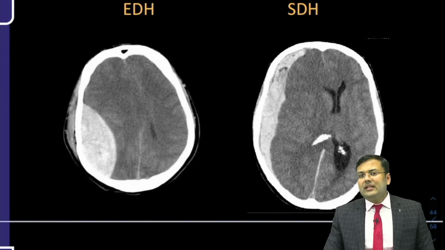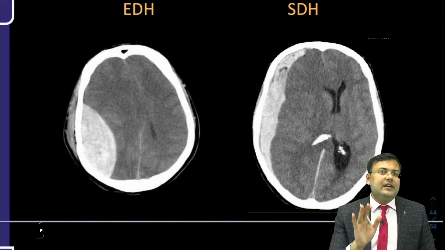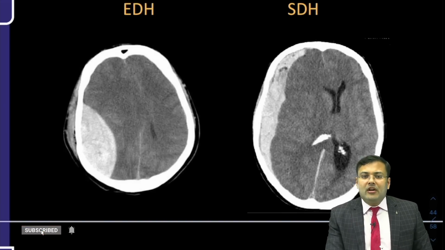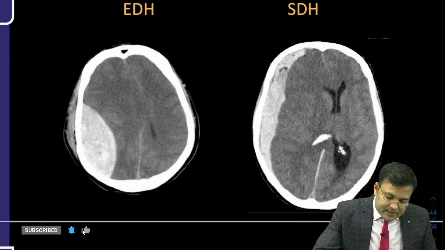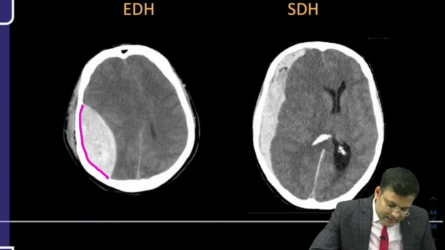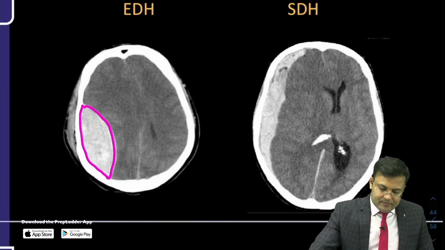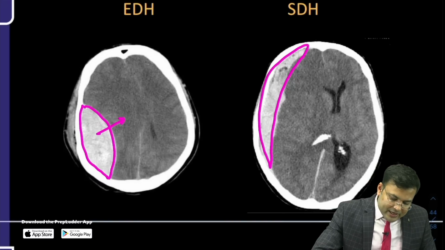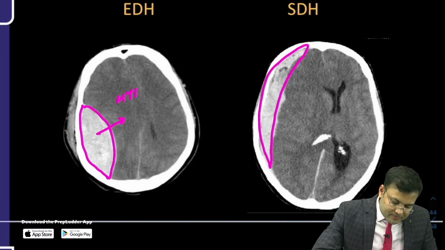And this CT picture is asked almost every year, sometimes in medicine, sometimes in surgery, sometimes in radiology. Tell me what kind of appearance? In EDH you can see there is a biconvex hyperdense lesion.